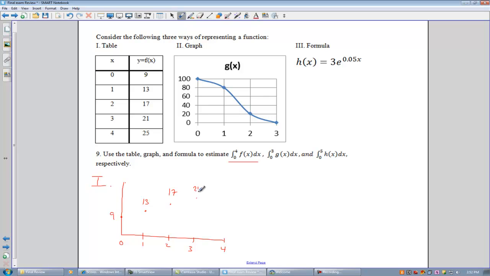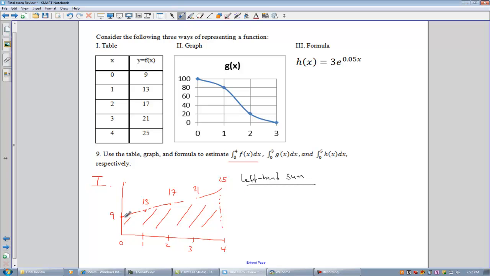And at 4, I'm at 25. You can see this actually does create a line. And I'm trying to estimate, in a sense, what this area might be. One way to do this would be to use the left-hand rule, or if you want, the left-hand sum.